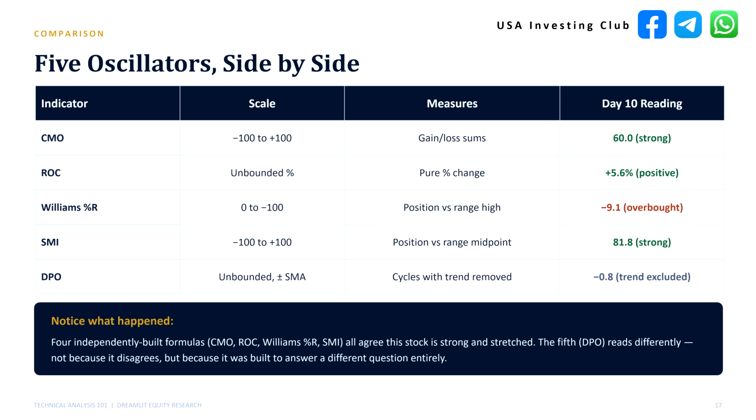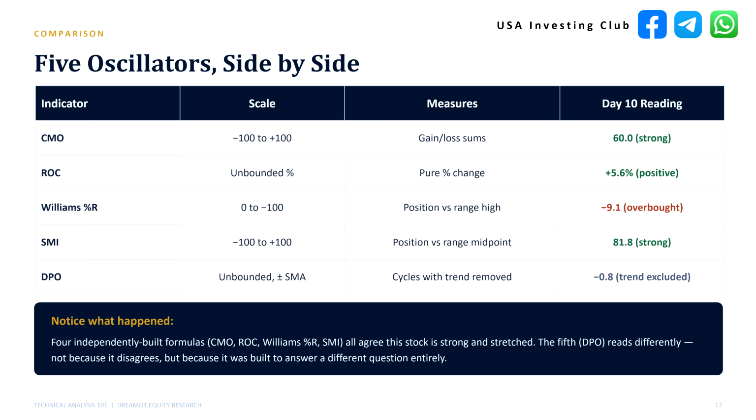Williams percent R runs 0 to -100, measuring position against the range high, and reads -9.1, overbought. SMI runs -100 to +100, measuring position against the range midpoint, and reads 81.8, strong. And DPO, unbounded around the SMA, measuring cycles with trend removed, reads -0.8, trend excluded.